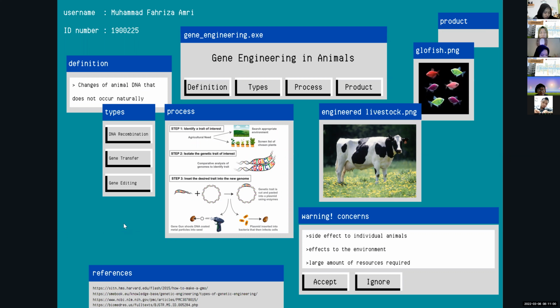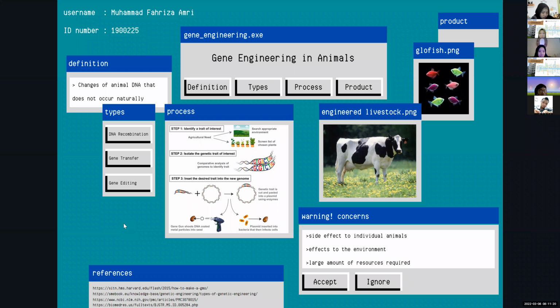What's the relationship between DNA recombinant technology and genetic engineering in animals? Because this is focused on genes or DNA. Okay, thank you very much.